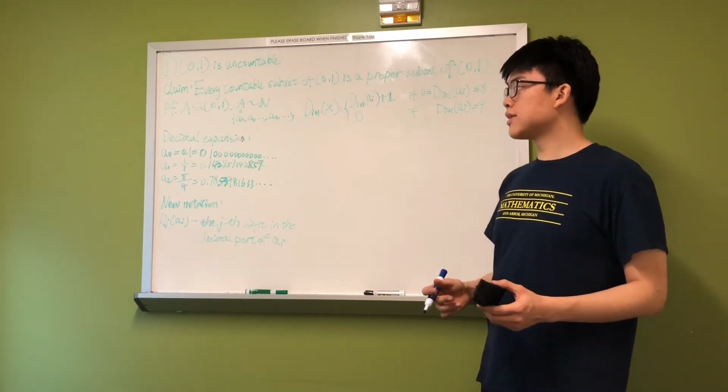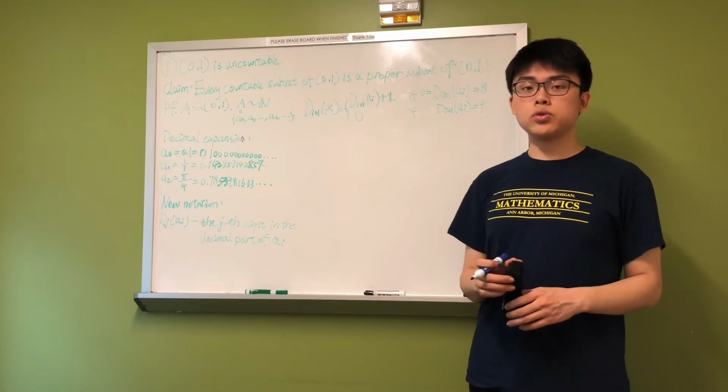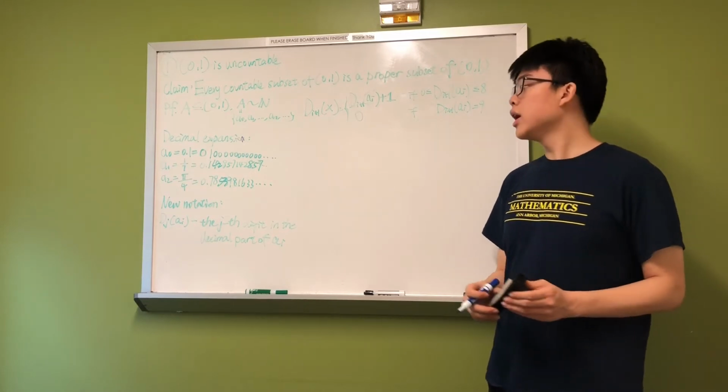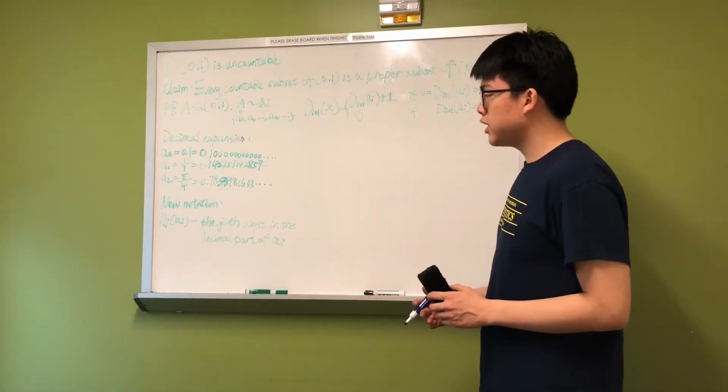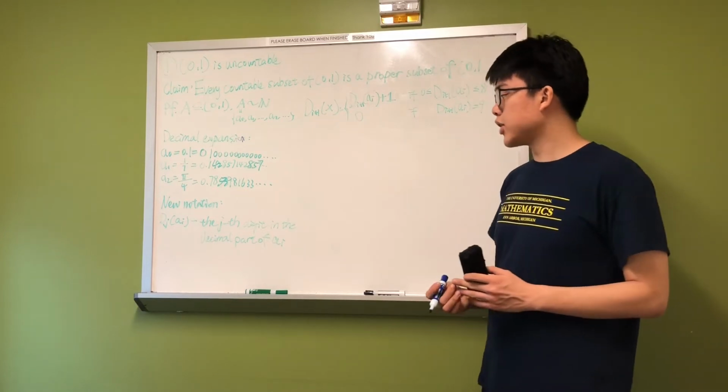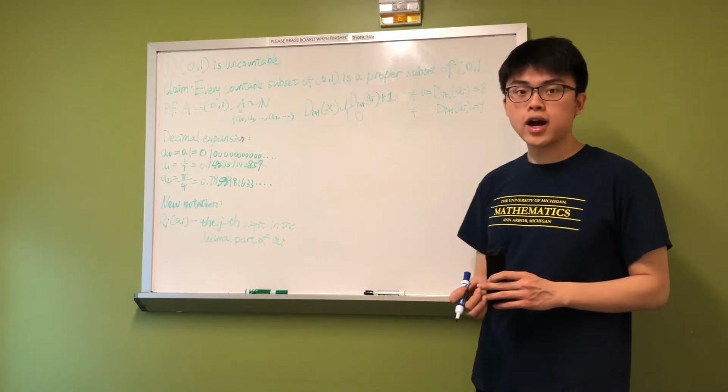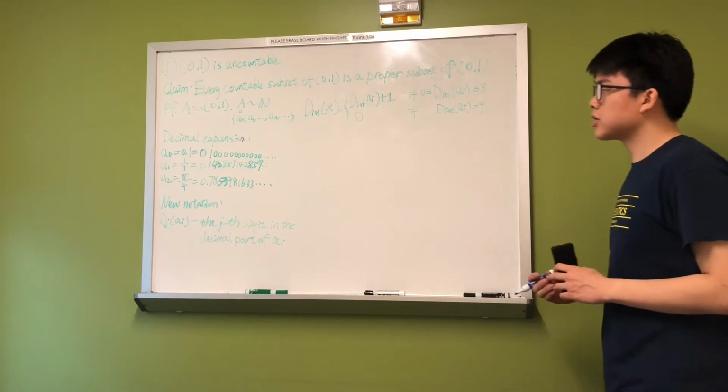Since we use the decimal expansion, we need a new notation to represent the digits in the decimal part. So I define D_j(a_i) to be the jth digit in the decimal part of a_i. Here are some examples.